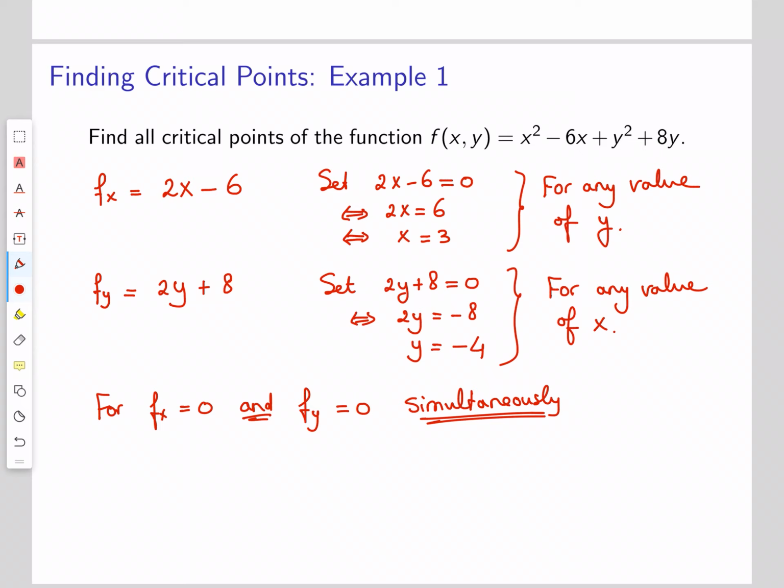It becomes really important in the next example. We need x to be equal to 3. I'm going to write that as coordinates x, y to be equal to 3 and minus 4. Okay, so the x coordinate is 3 and the y coordinate is minus 4. So there's only one critical point.